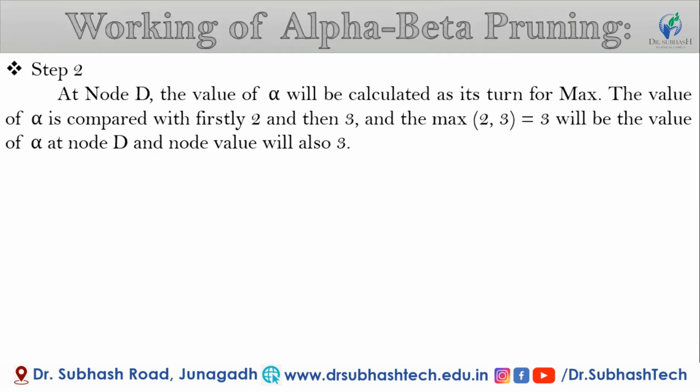The value of alpha is compared with first 2 and then 3, and the max of 2 and 3 is 3. So the value of alpha at node D will be 3, and the node value will also be 3. So in step number 2, we have found the value of node D.